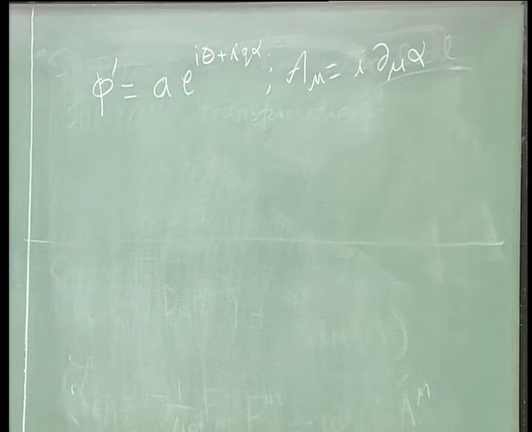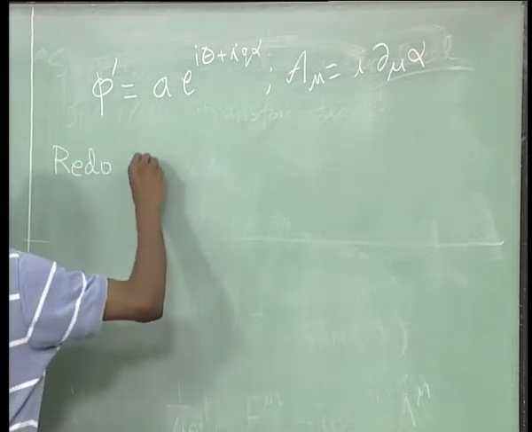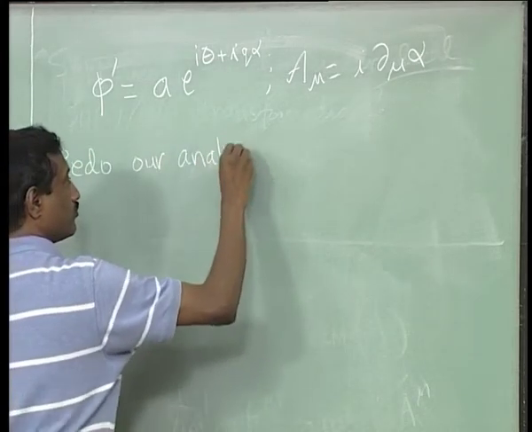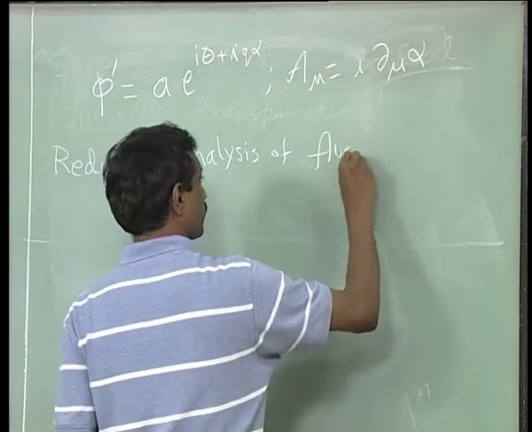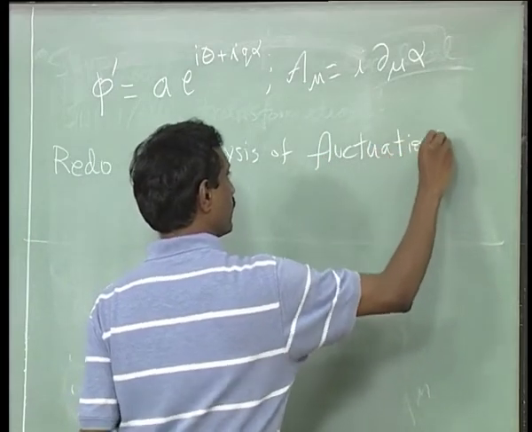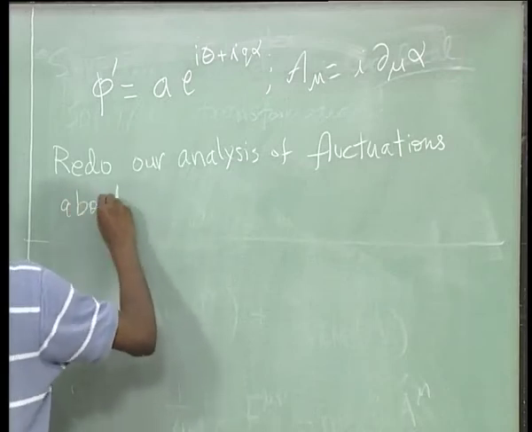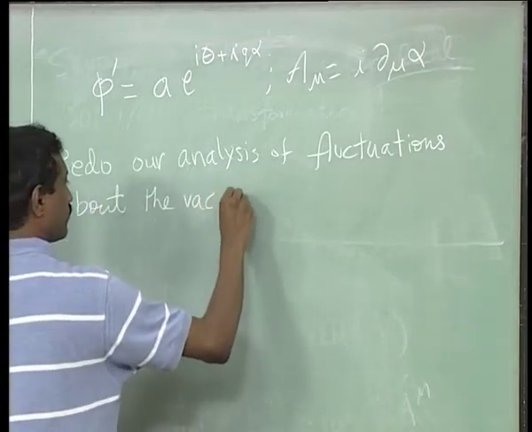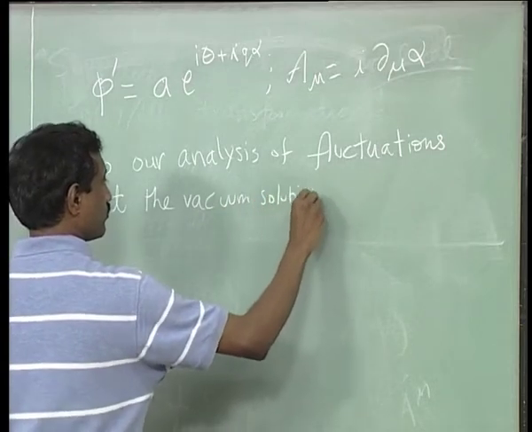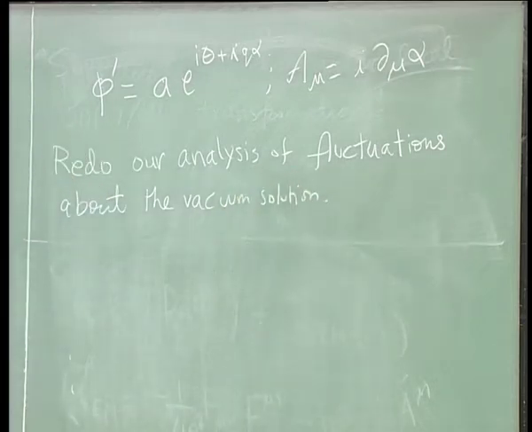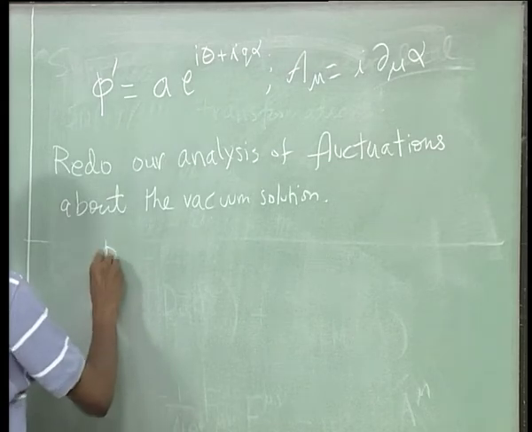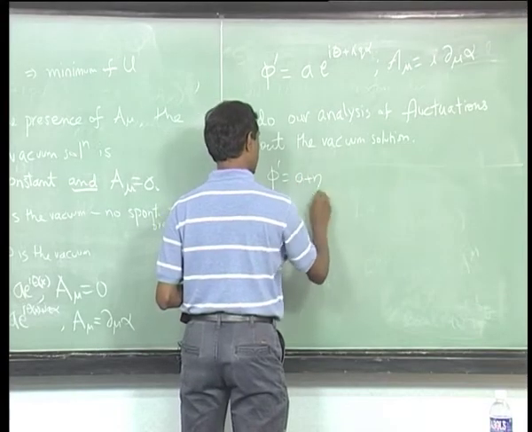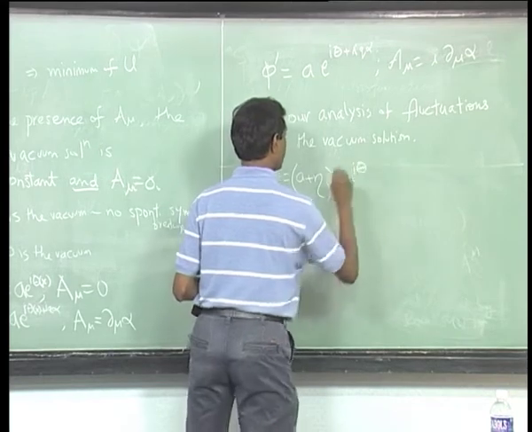Now, we can go back and redo our earlier analysis of fluctuations about this thing. The way I would do that is by shifting the a. So, you would write phi prime equal to a plus eta, and e power i theta.